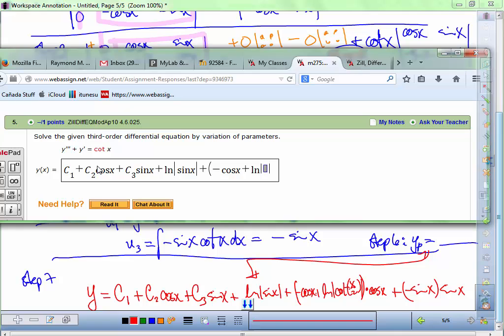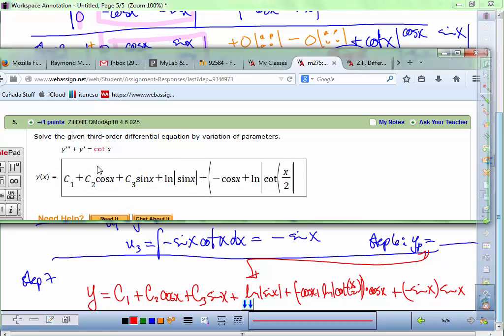Oh, I hope this works because Mathematica simplified it for us. Cotangent of x over 2. Close that parentheses, multiply by cosine x. And then minus, I'll simplify this one, minus sine squared x. Do you use the power here?